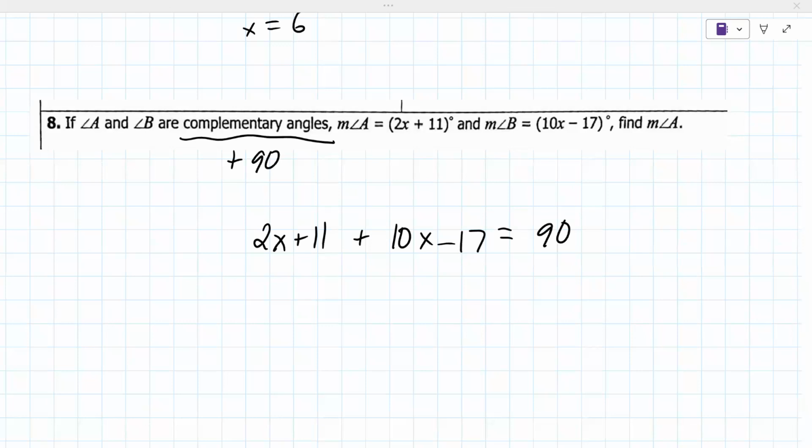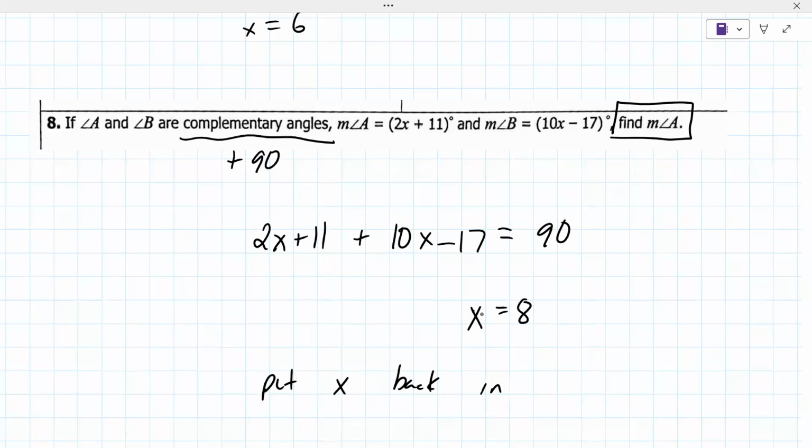I got x equals 8. Okay, now this one does not just want x. It says to find the measure of angle A, which means you have to put x back in.